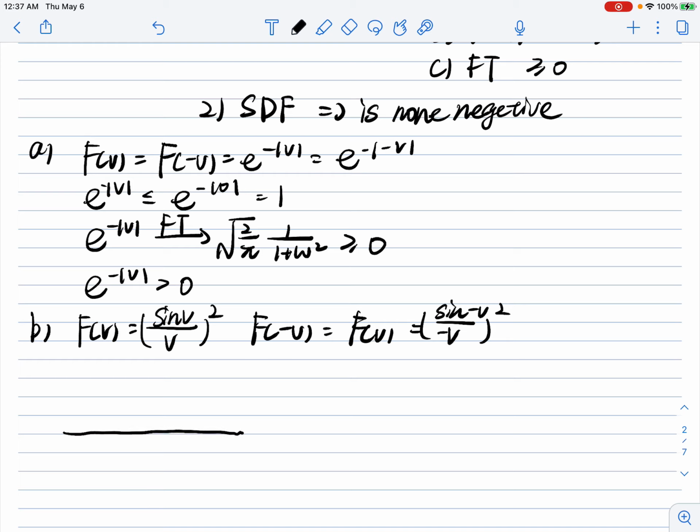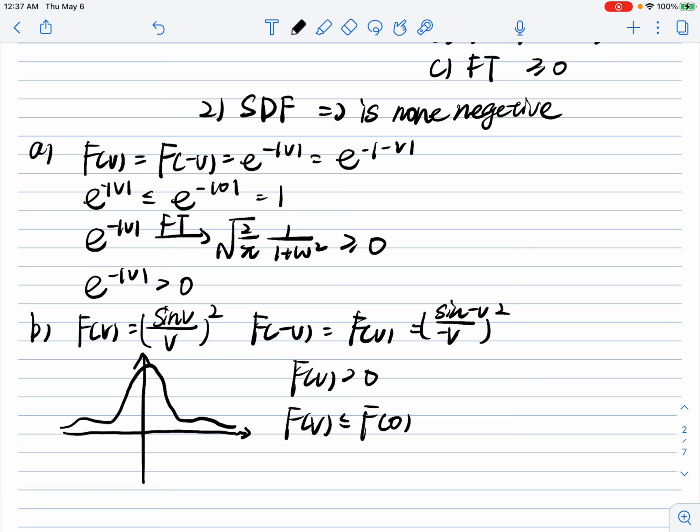The function should look like that. So it is non-negative, and it also has a maximum value when v is 0. That is 1.